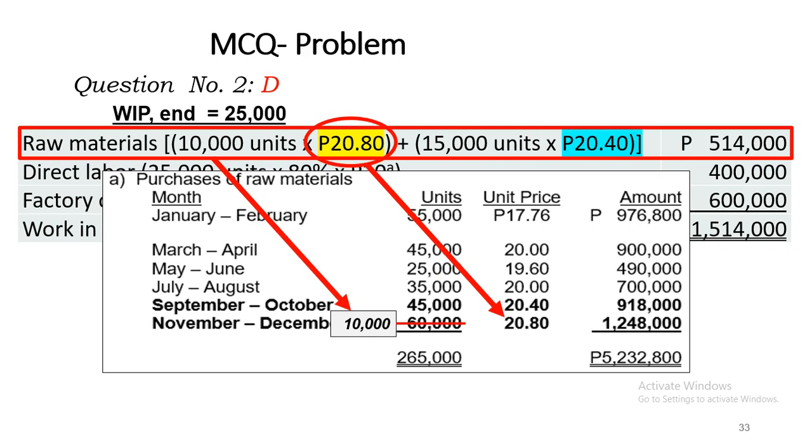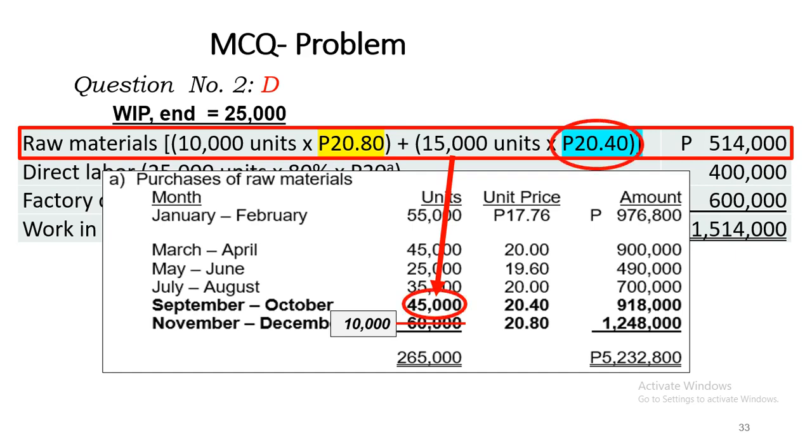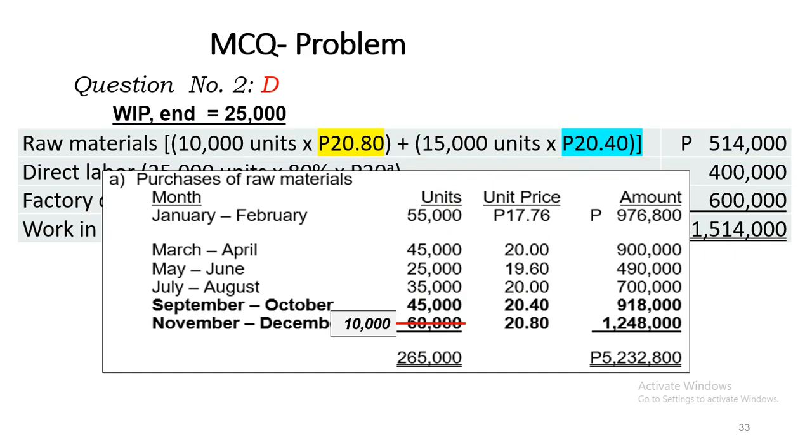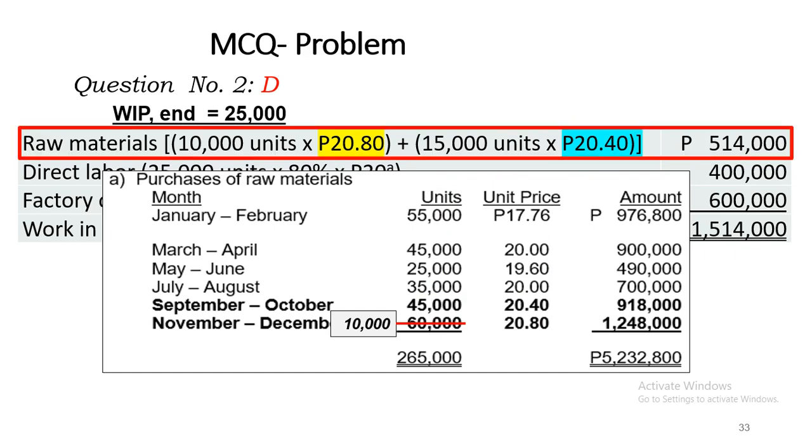As you can see, 25,000 is the work in process, so there is still a remaining 15,000, the basis of which is the September to October purchases, at 20.40. That's why the raw materials is 540,000.